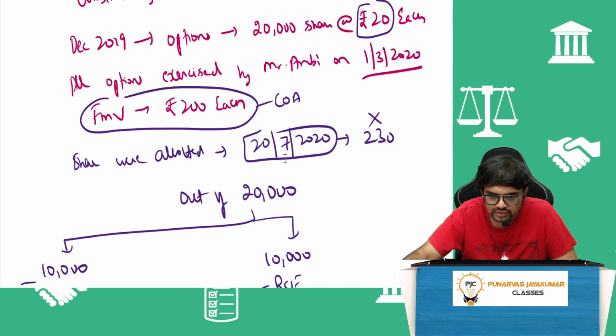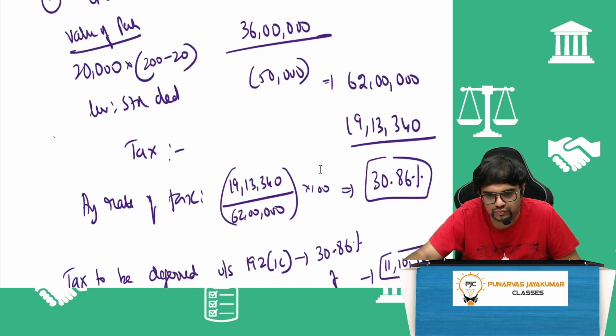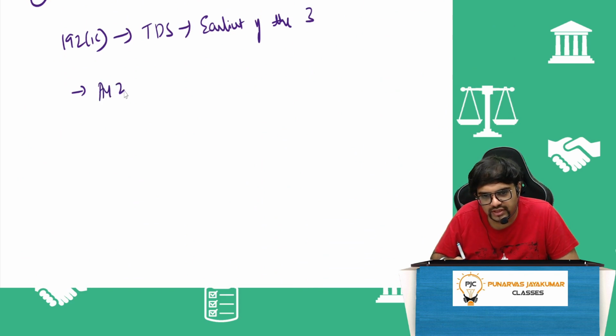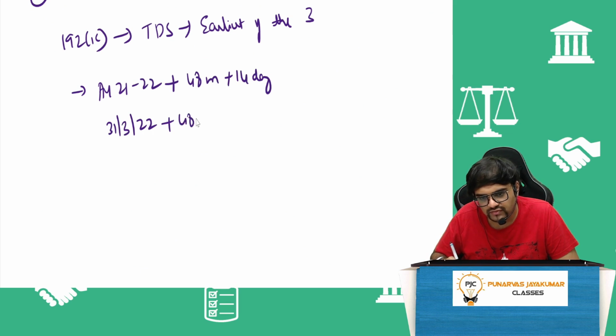What is the financial year? 31st March 21. What is the assessment year? 31st March 22. This comes under the assessment year 21-22. Simple. So assessment year 21-22 plus 48 months plus 14 days. That is 31st March 22 plus 48 months plus 14 days.